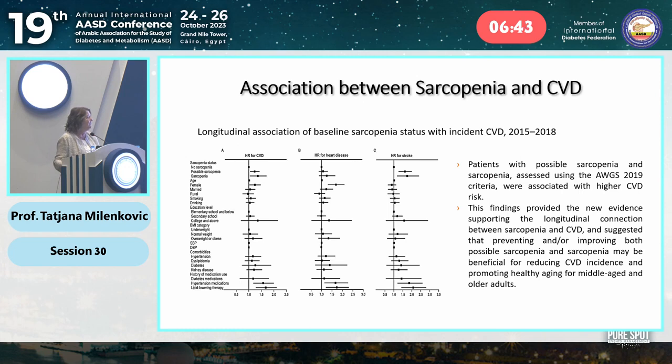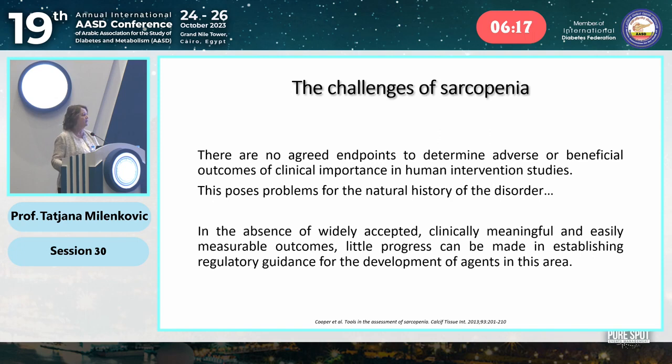And these findings actually provided the evidence which supported this long debate if sarcopenia was related to cardiovascular risk in patients, especially in the general population, but especially in those with diabetes. So now we know that there is a higher risk for cardiovascular diseases.